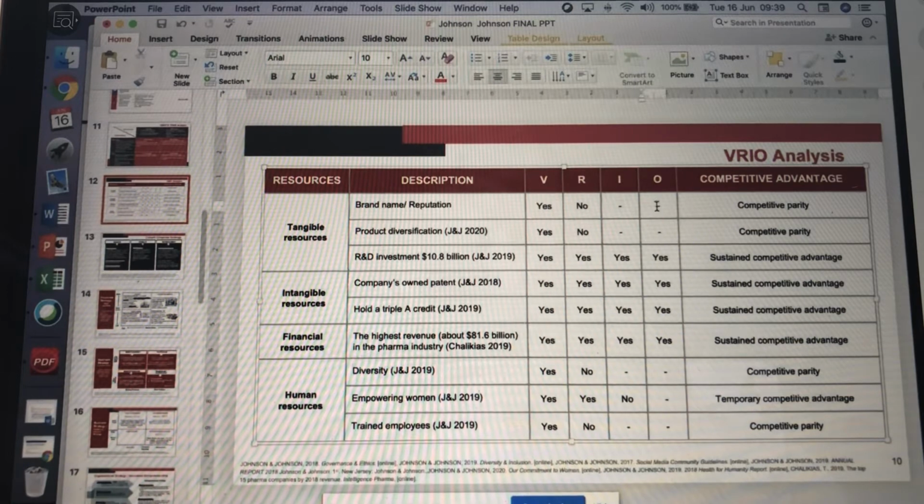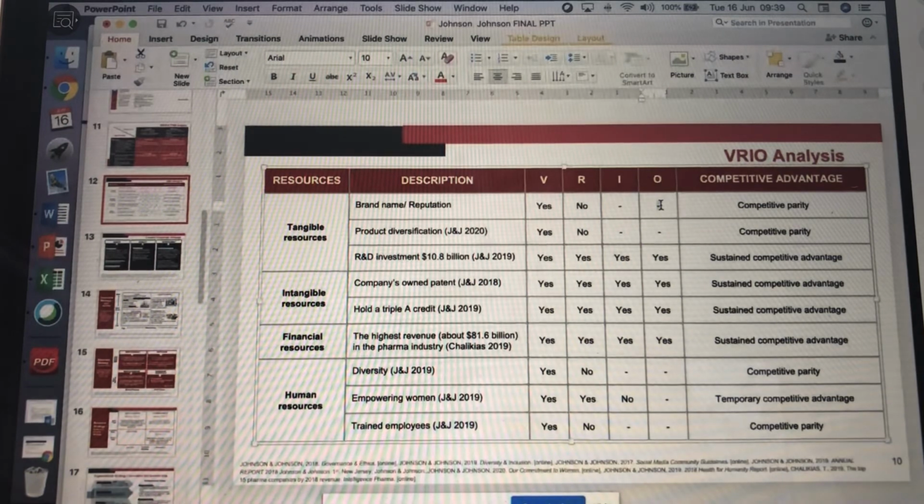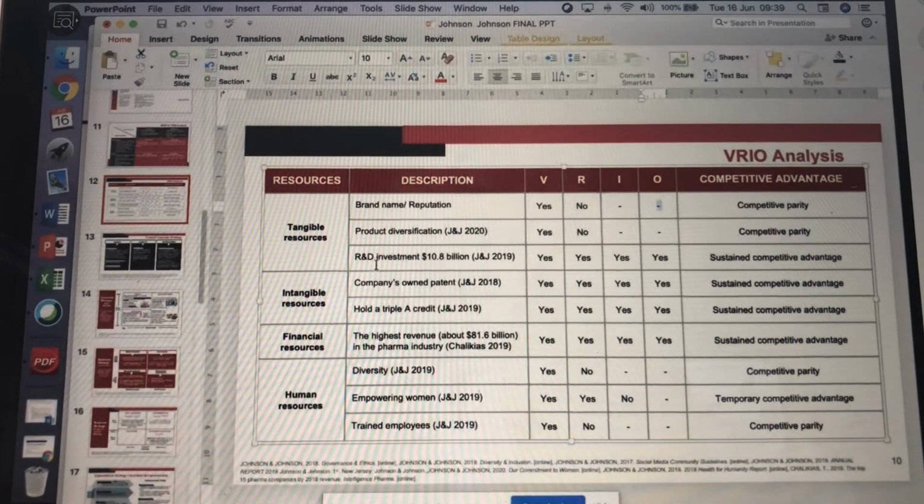And then you have the last one, organizational support. What is the organization doing to support or help make this resource or competency more valuable, or to maintain its value?